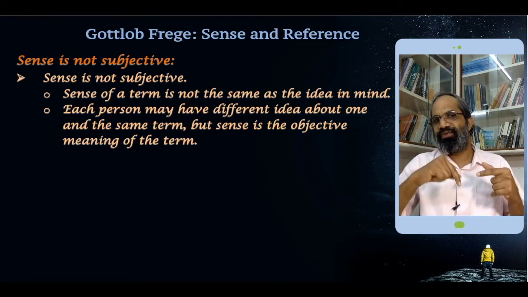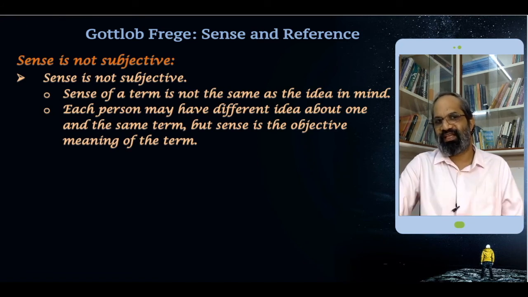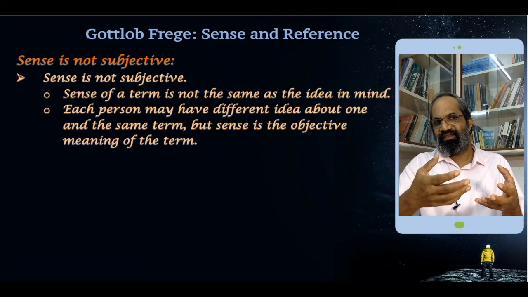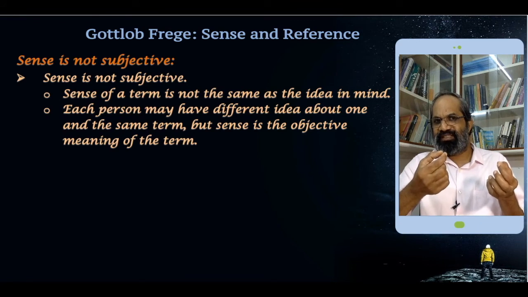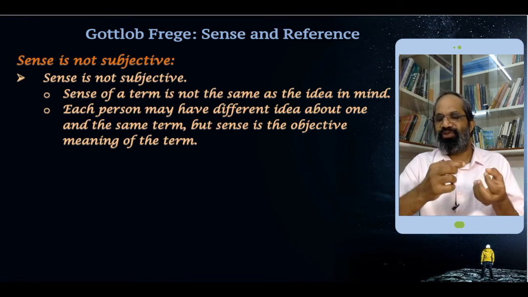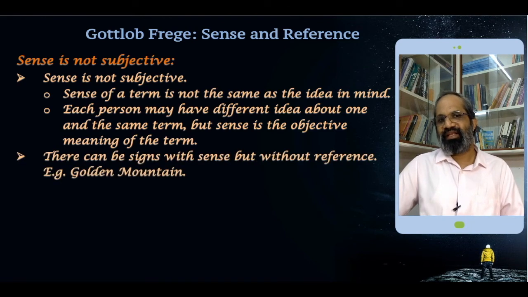It's not what you understand or what I understand that gives the sense for the sign, but there is an objective understanding of what the terms in the sign mean and how they are related. This gives the sense for that sign. So it's objective. And there can be signs with sense but without reference.